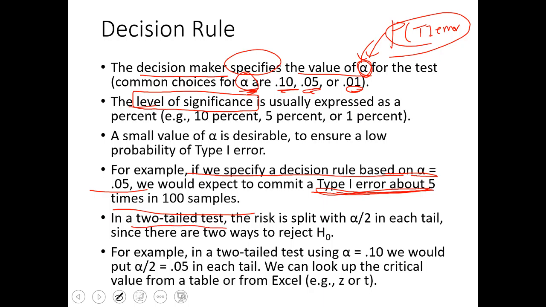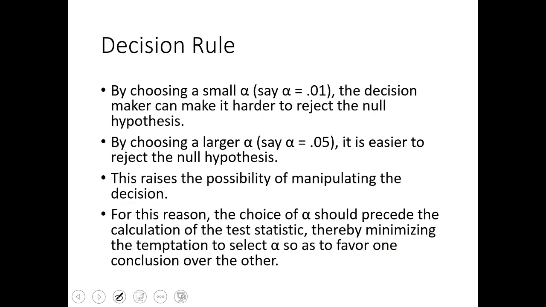So in a two-tailed test, the risk is spread over the left tail and right tail, so we have to use alpha over 2: alpha over 2 for the left tail, alpha over 2 for the right tail. If our level of significance is 10%, then alpha over 2 is 5% in each tail, left tail 5%, right tail 5%.